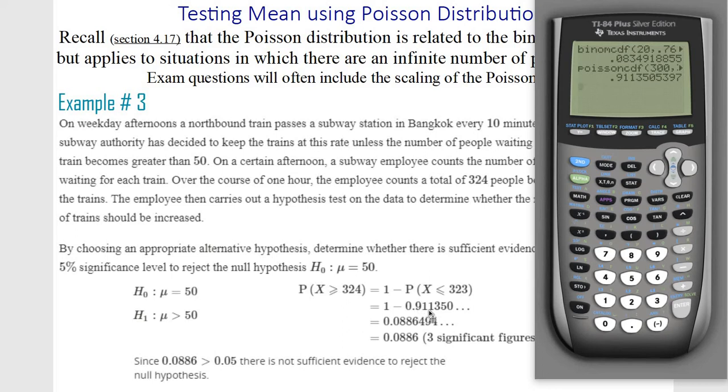Okay, and that's where I got the 0.911 from. Then do 1 minus that, and that's the greater than 324. Okay, so that's not sufficient evidence to reject the null. So we fail to reject the null. So it's good.